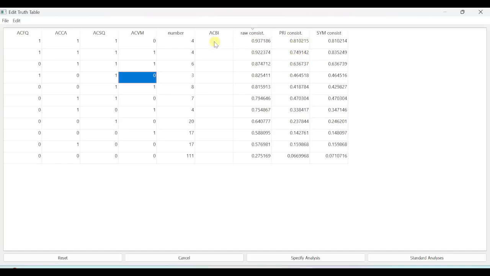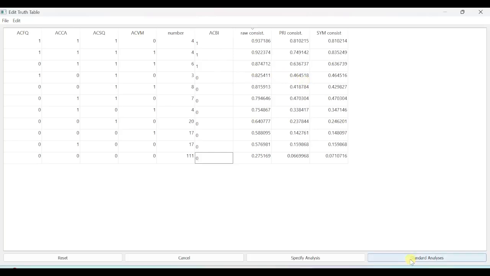So in the outcome, I'll put 1 against those where the PRI consistency is greater than 0.5, and I'll put 0 against those where it is not. So these rows will be left out of the truth table analysis. They will not be considered as the PRI score is quite low for them.